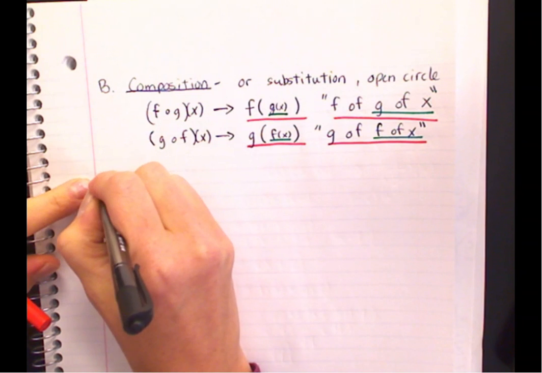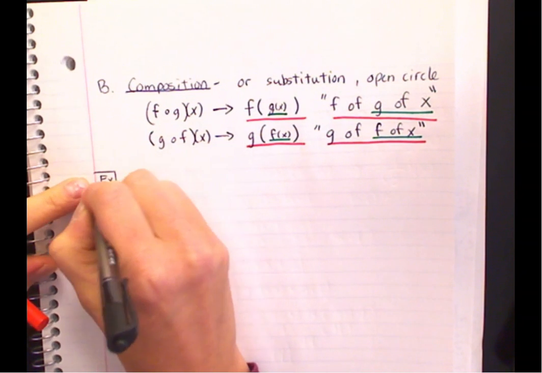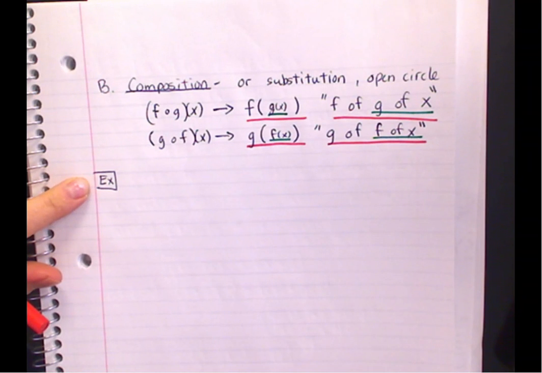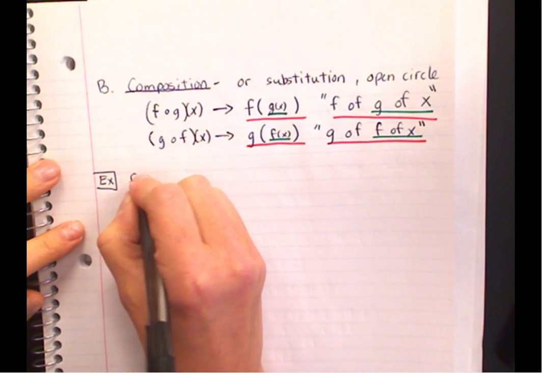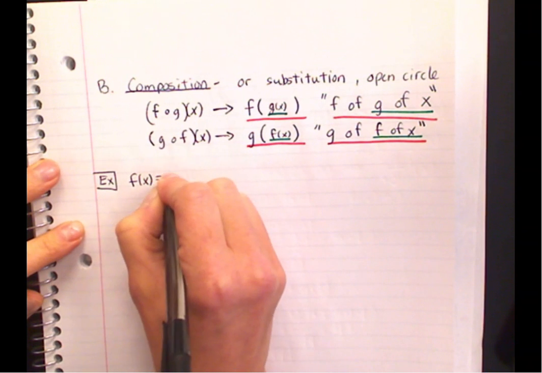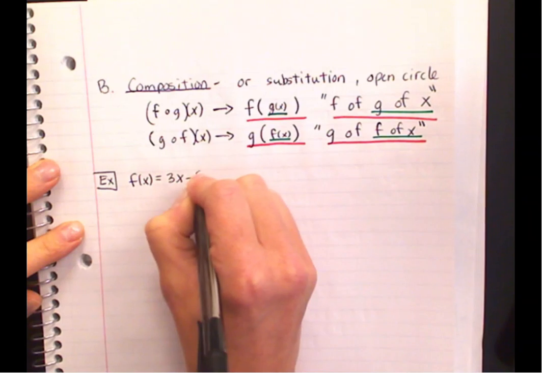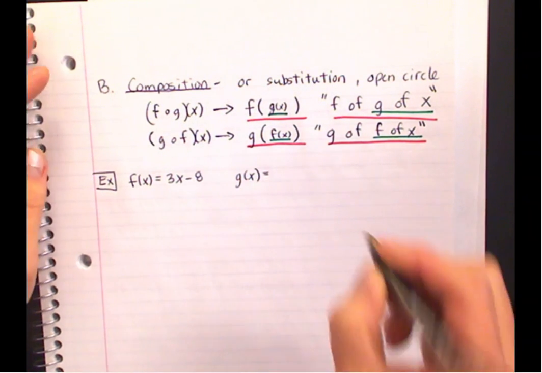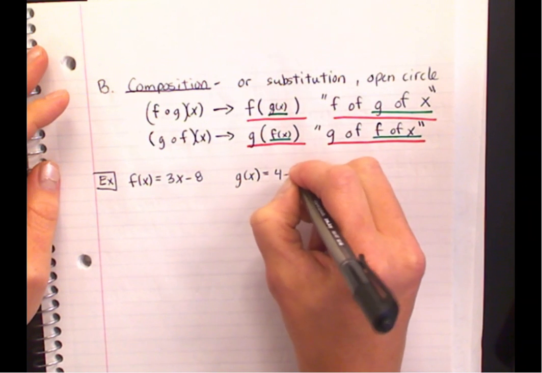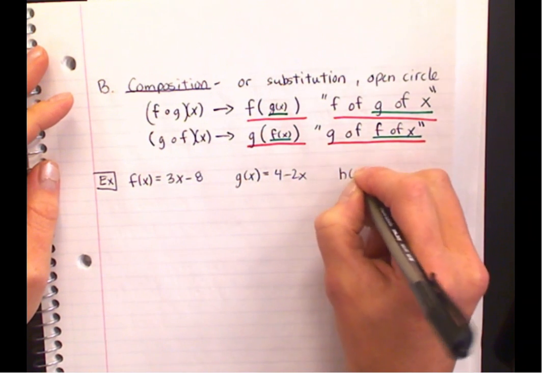Let's do some examples. I'm going to give you 3 new functions to work with. Let's do f of x equals 3x minus 8. G of x equals 4 minus 2x.